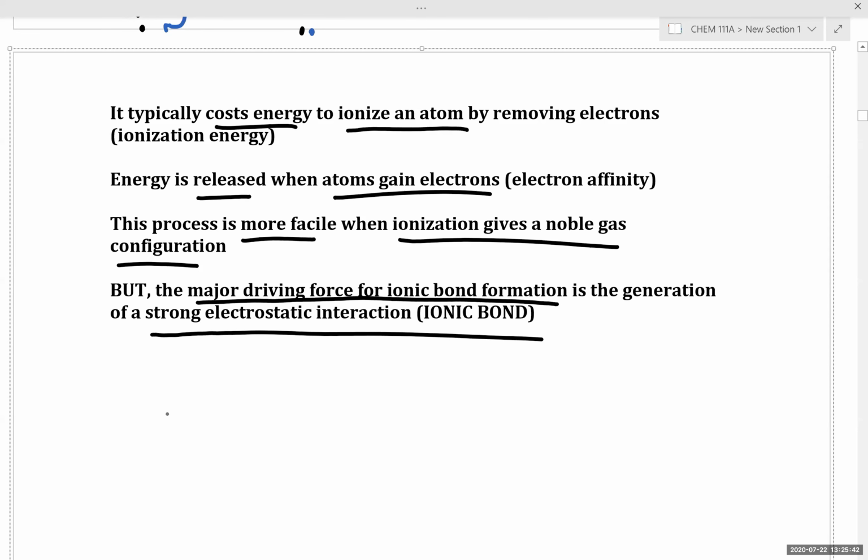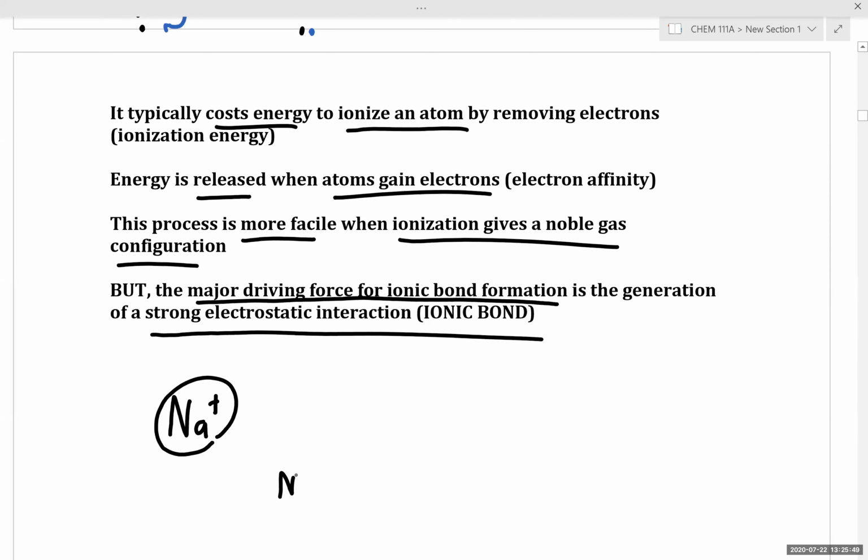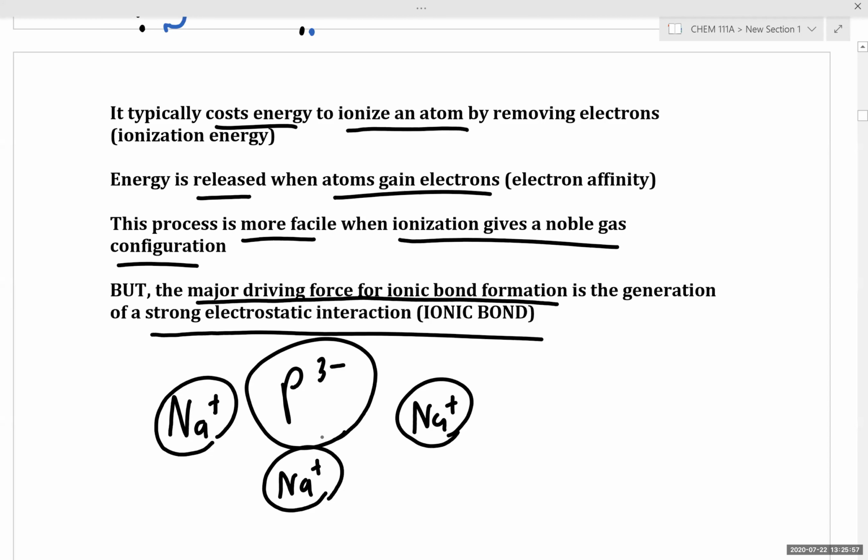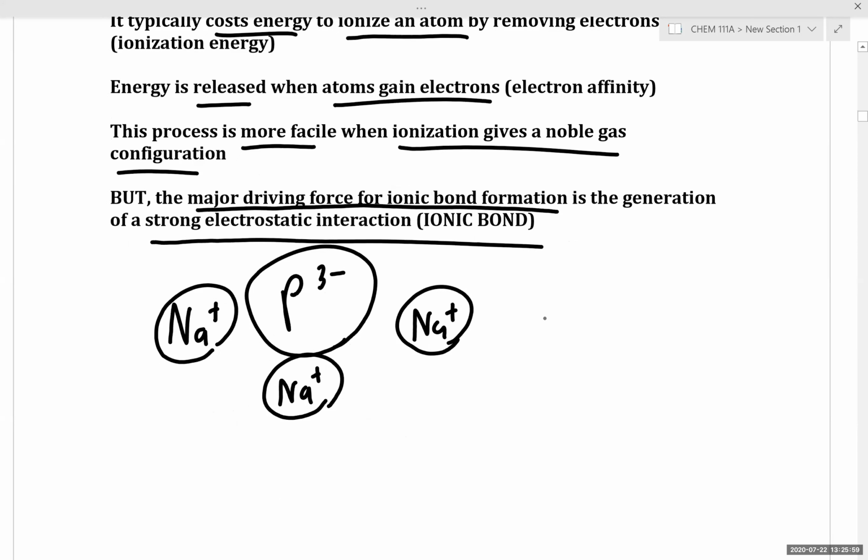The real energetic payoff is the fact that our cation and anion can engage in a very strong electrostatic interaction, and it's this strong interaction, this idea that ionic bonds are very stabilizing.